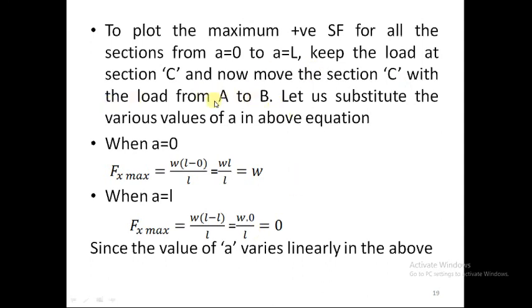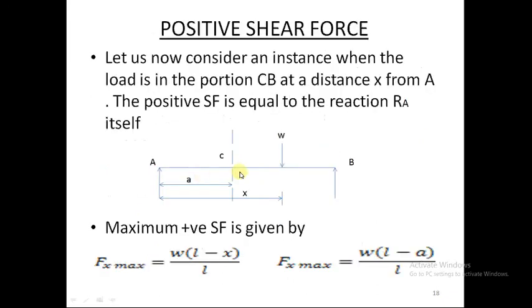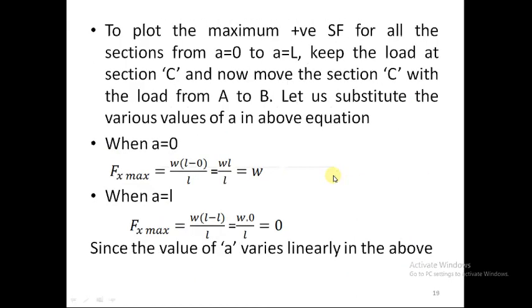So what we are going to do here is, at section C only we will shift the load, and this section C itself will move from one end to the other end. I am going to place the load on section C, and this section line will move from end A to end B. That means my limits will vary from x equal to 0 to x equal to L again.